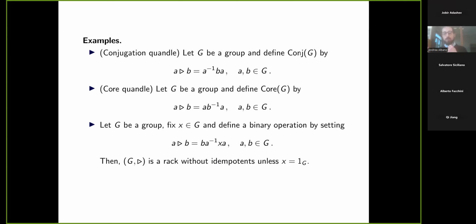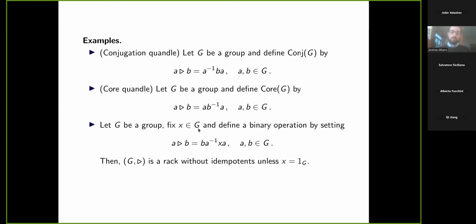Of course, I will not delve deep into the properties of these structures, even though they are very interesting. Now, the first two are examples of quandles, so they are idempotent.